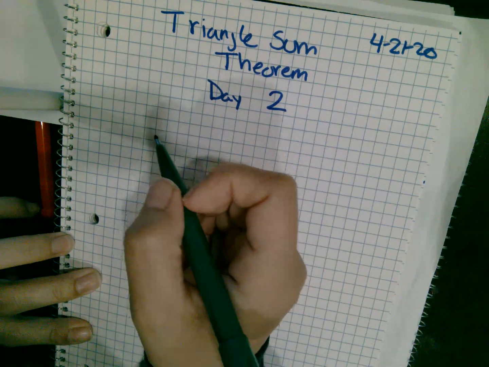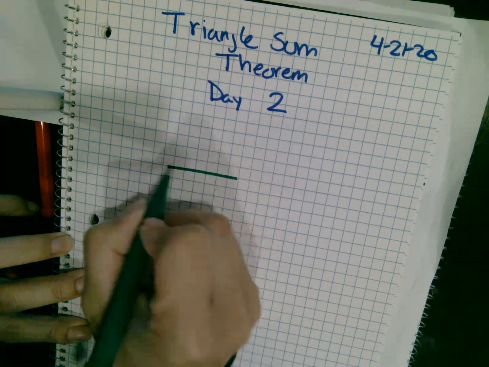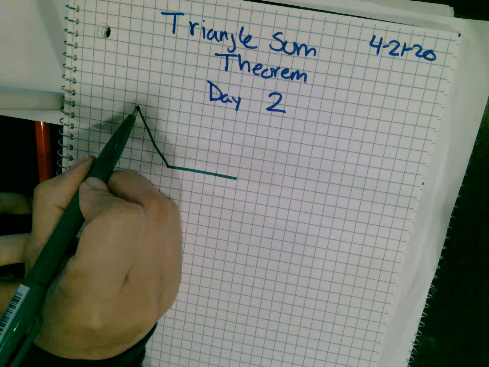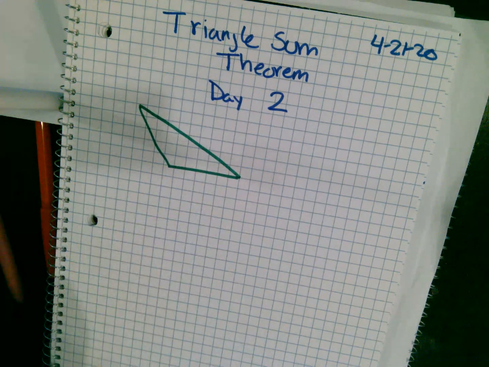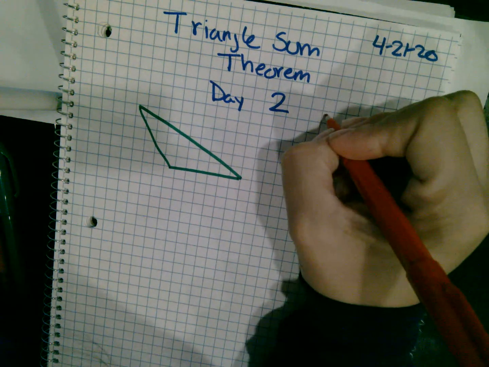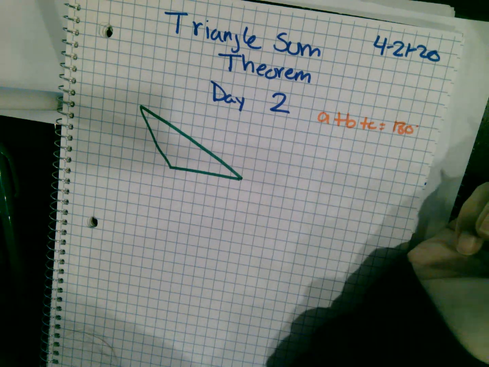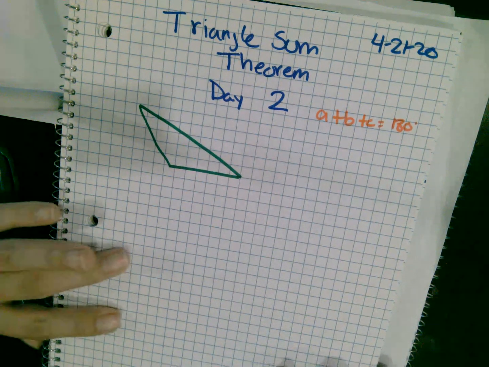So let's see. Let's draw a triangle. I'm drawing an obtuse triangle. Reminder from yesterday: the triangle sum theorem says that all the angles added up in the triangle equal 180, right? So angle A plus B plus C equals 180. So all three angles equal 180.